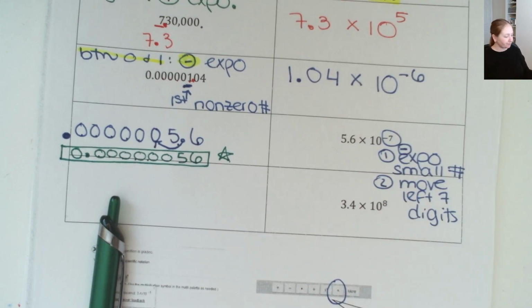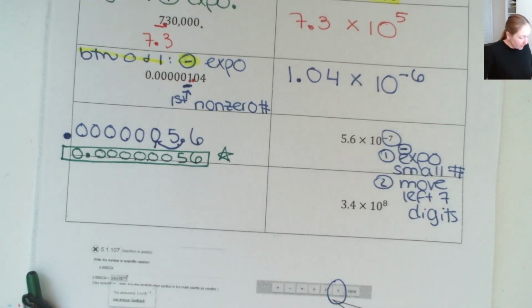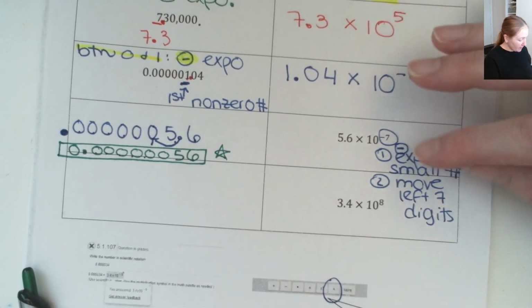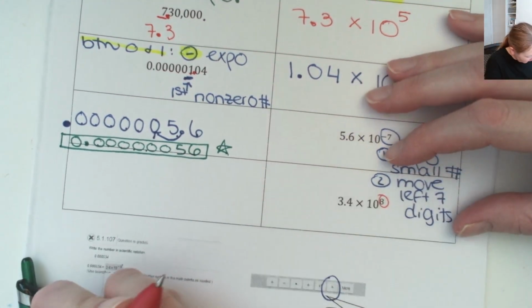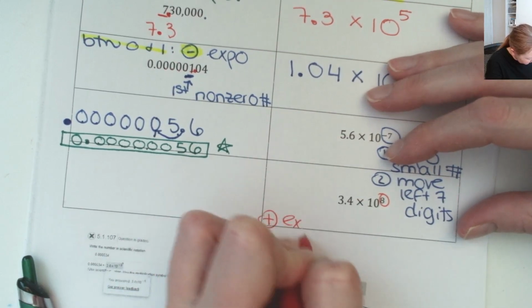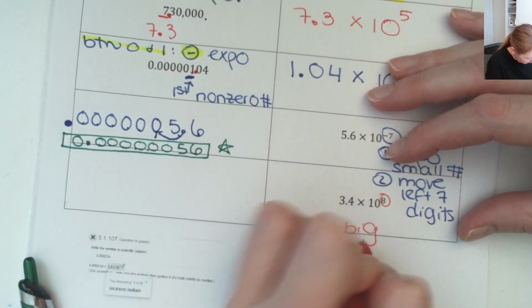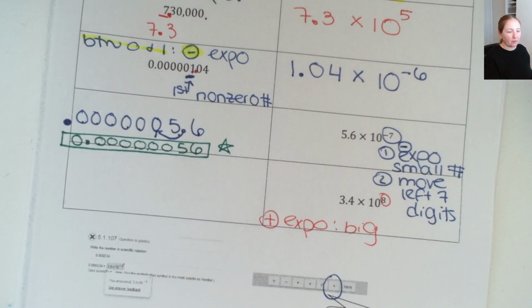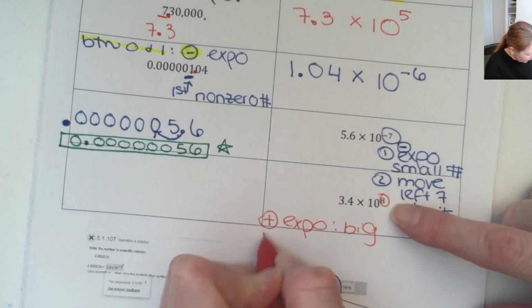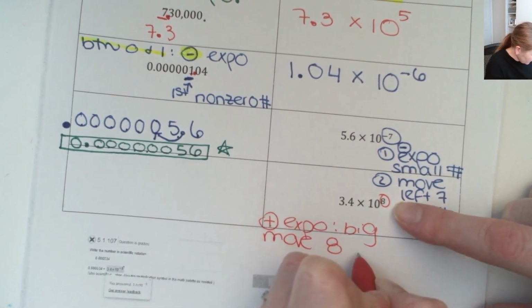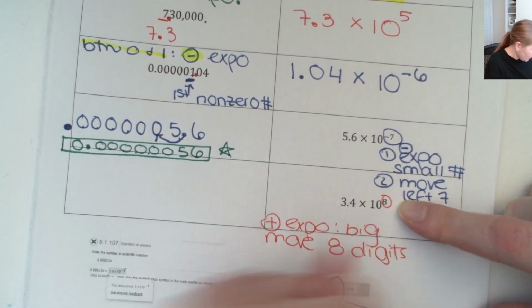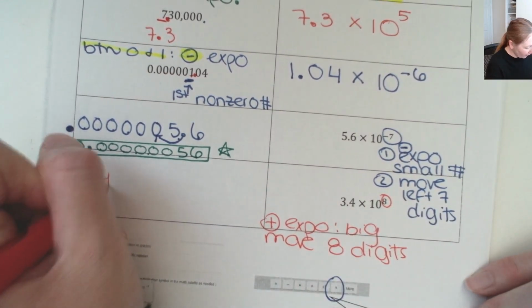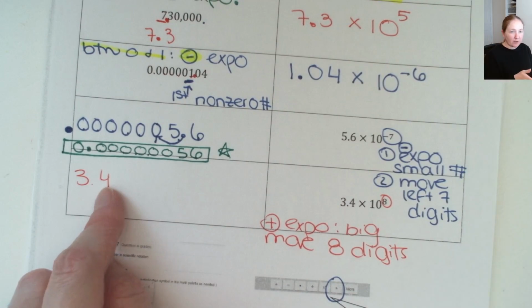Now, comparing that to this 3.4 times 10 to the 8th, there we have a positive exponent. So that means we're going to have a big number. We want to make this number bigger, okay? And then we're going to move it 8 digits, okay? So I have 3.4. The 4 is going to be one of the digits.